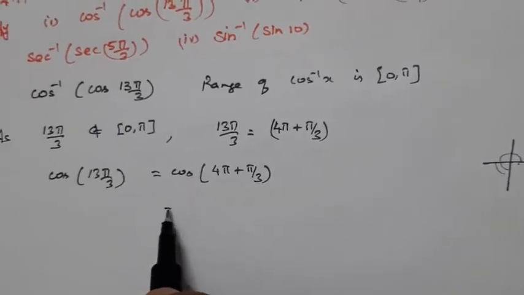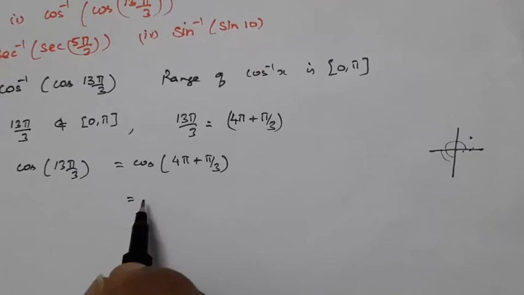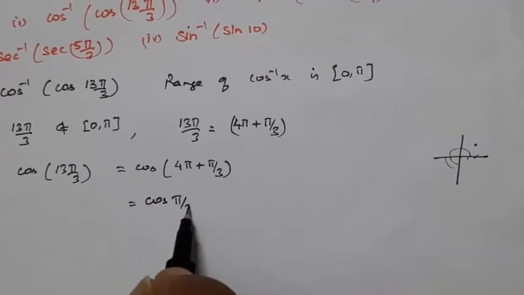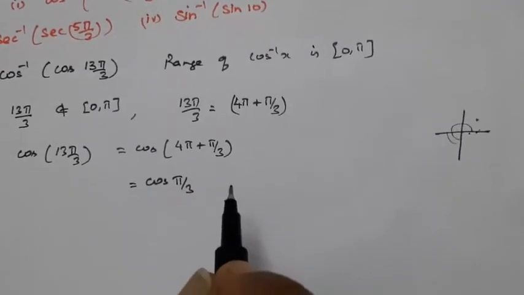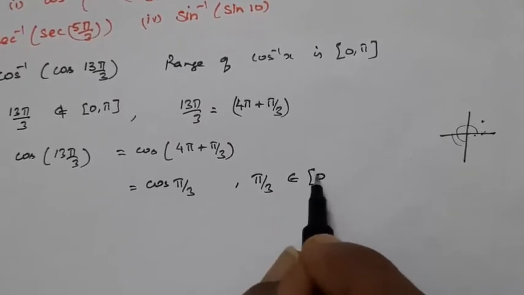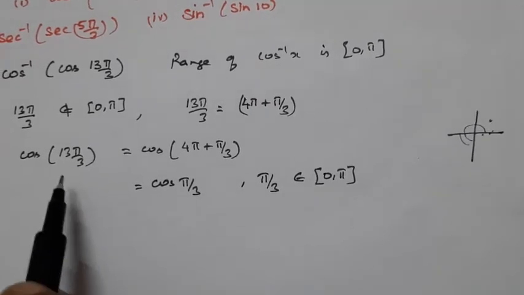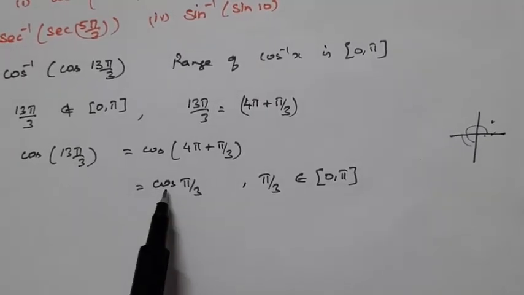So, what is cos of 4 pi plus pi by 3? Again all ratios are equal. So, it will be equal to cos pi by 3. Now, this cos pi by 3, where this pi by 3 belongs to the closed interval 0 to pi. Okay. So, 13 pi by 3 is now written as cos pi by 3.